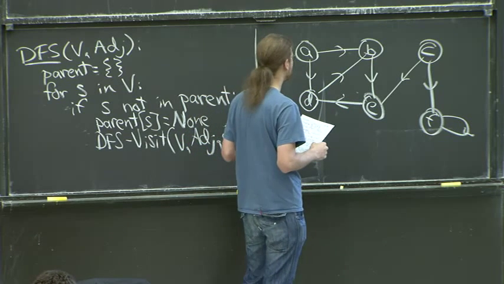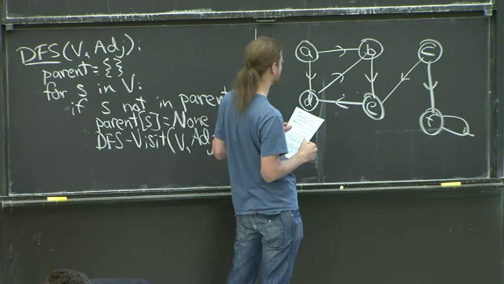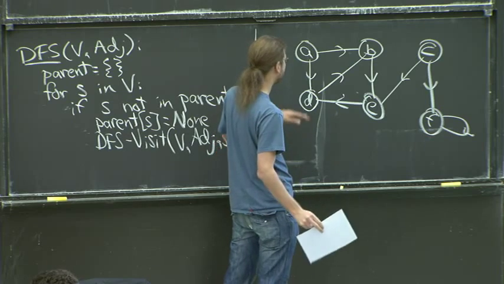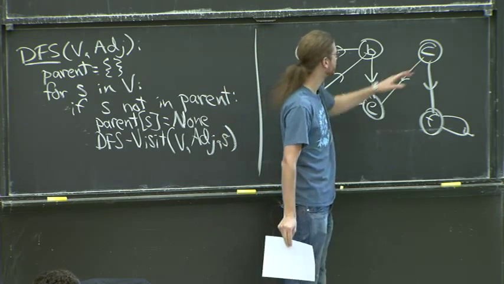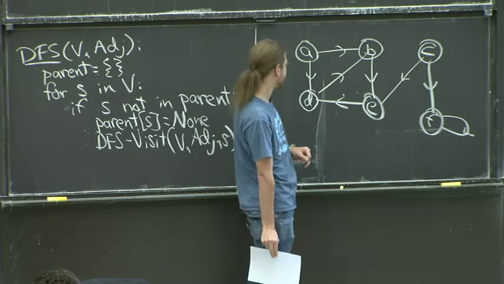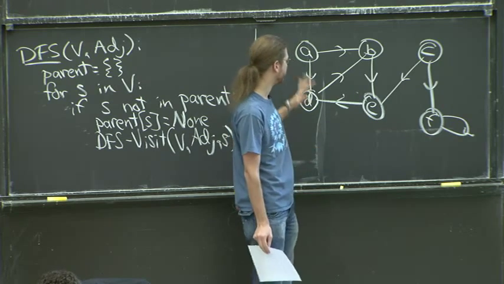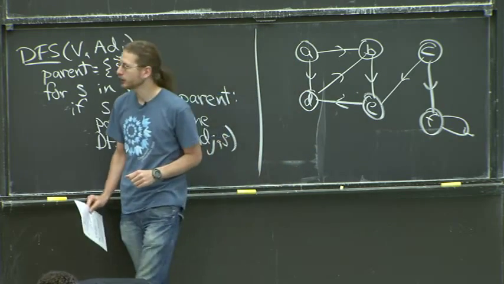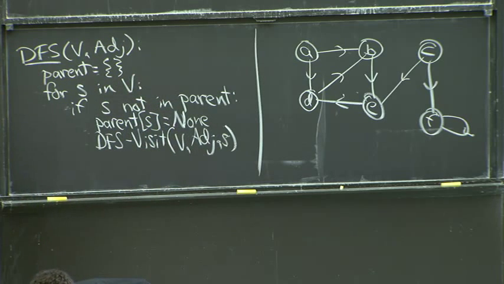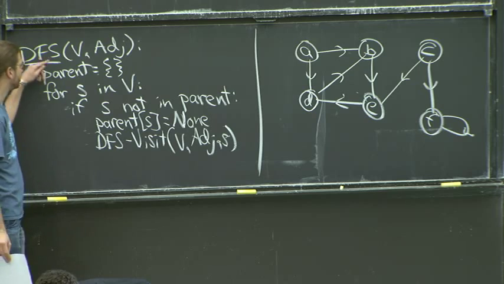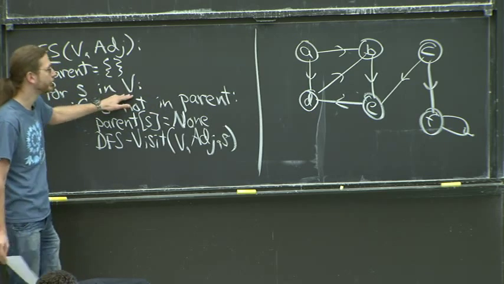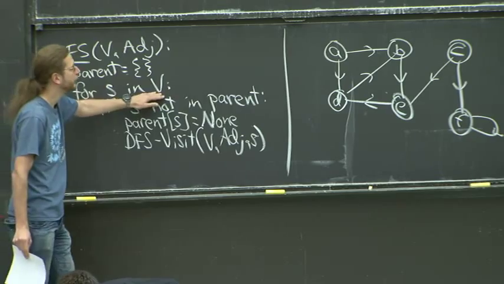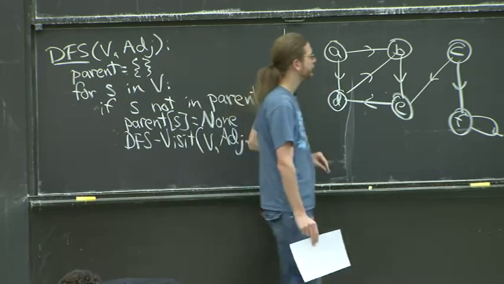Good. It's not strongly connected, I don't think. No, so you can't get from these vertices to C. You can get from C to everywhere, it looks like, but not strongly connected. And we're going to run DFS, basically in alphabetical order. These vertices have to be ordered somehow. We don't really care how, but for sake of example, I care.